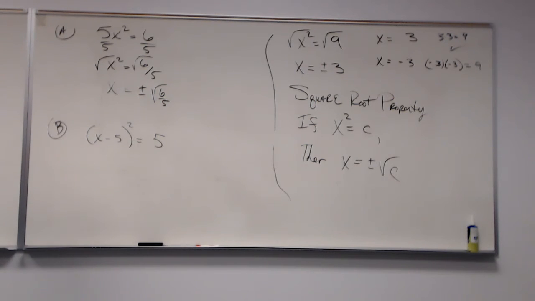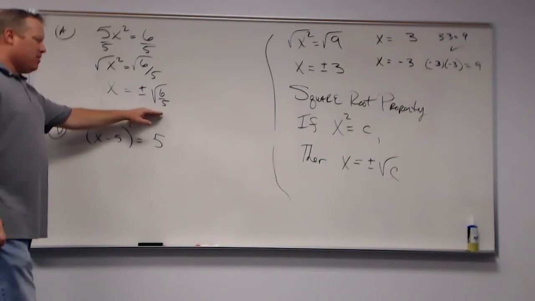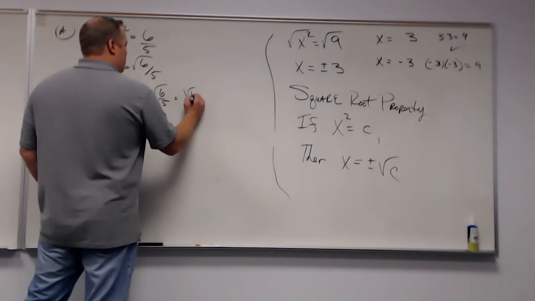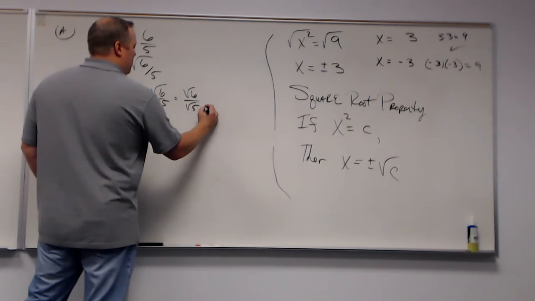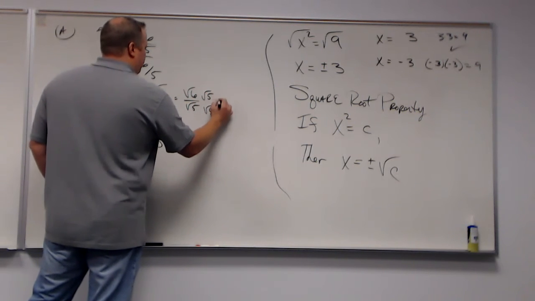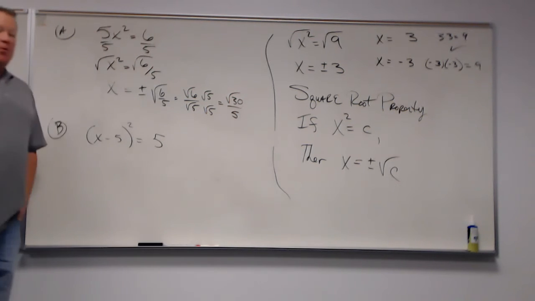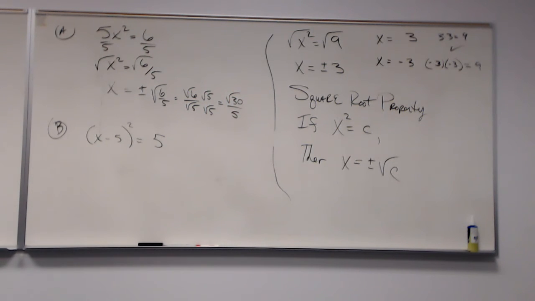We can talk about how to rationalize this later. But if I were to finish up square root of 6 over square root of 5, so you'd have square root of 30 over 5. Remember, rationalizing the denominator, something we already talked about as well.